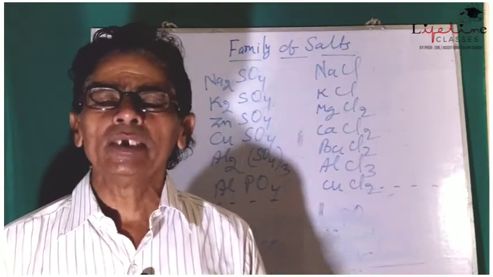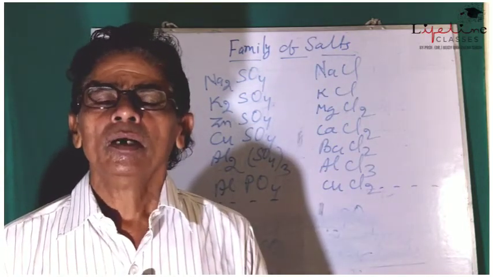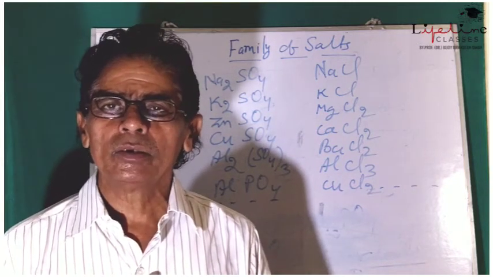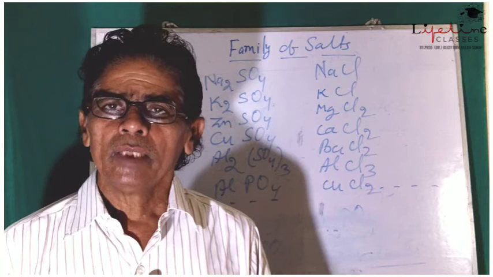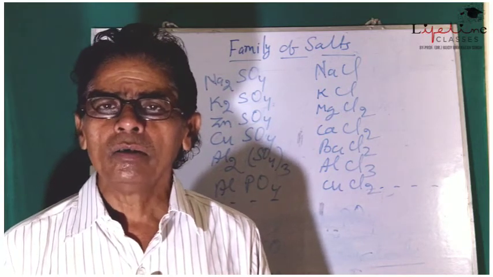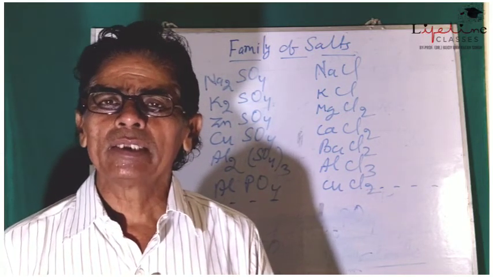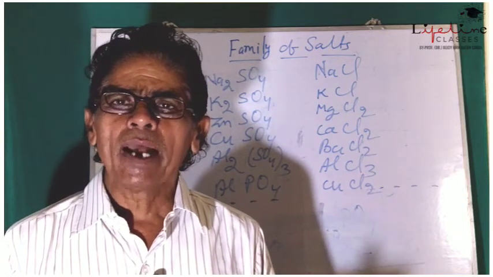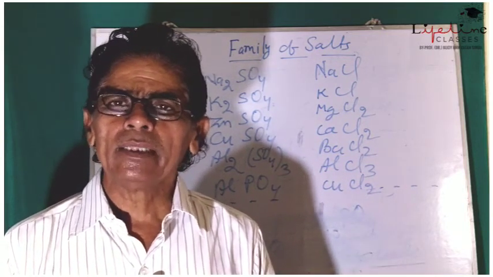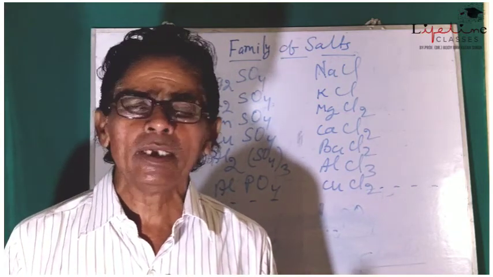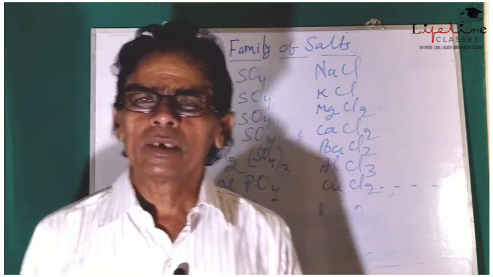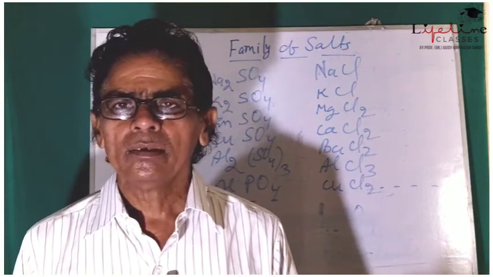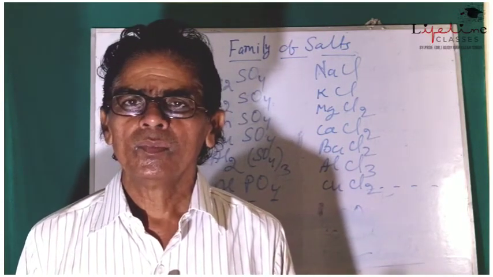Now when sodium acetate is dissolved in water, it also gets ionized, but being the salt of a strong base and weak acid, the concentration of OH minus ions is greater than the concentration of H plus ions at any instant of time.